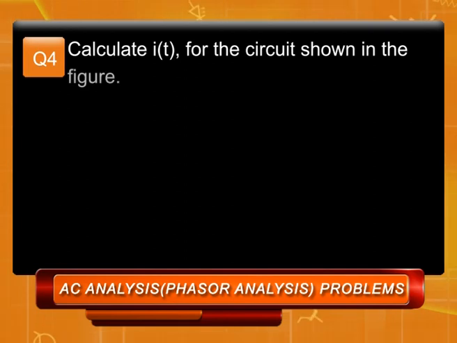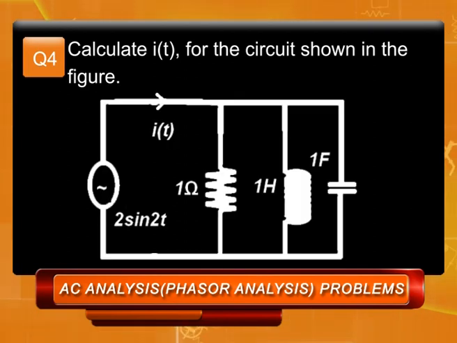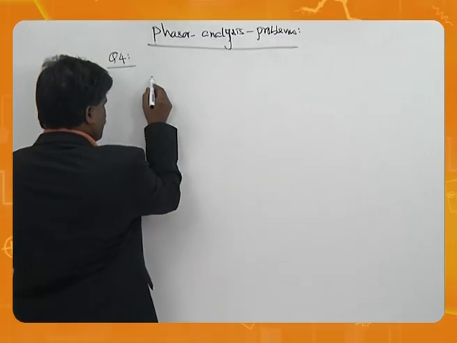So far we have done series circuits. Now I am taking a parallel circuit to demonstrate. The very idea is I cannot waste my time on independent components, so I am taking all the 3 components. Calculate I of t for the circuit shown in the figure.